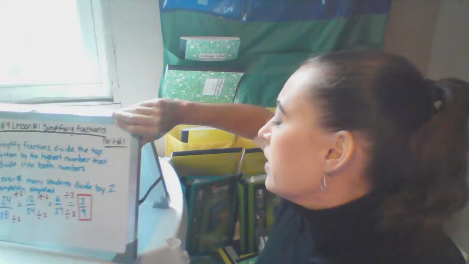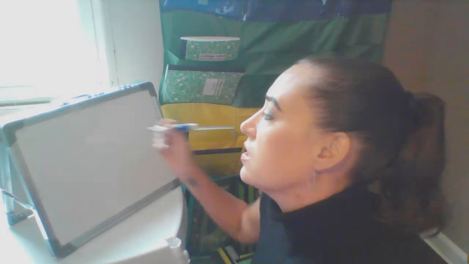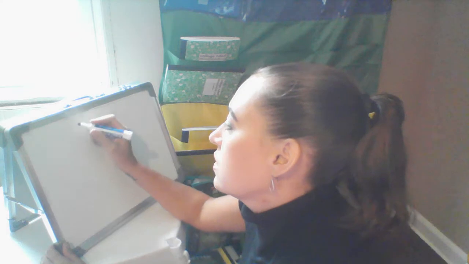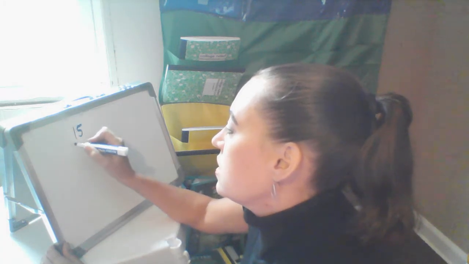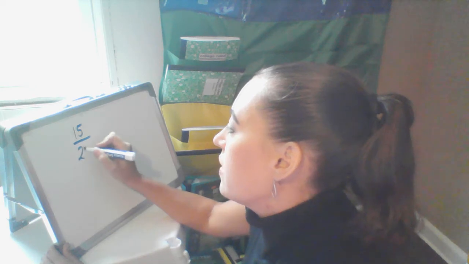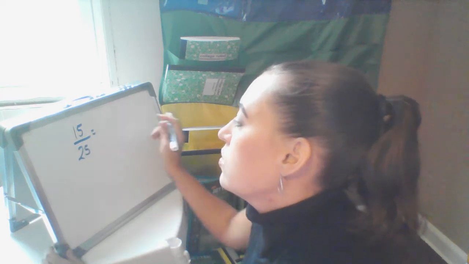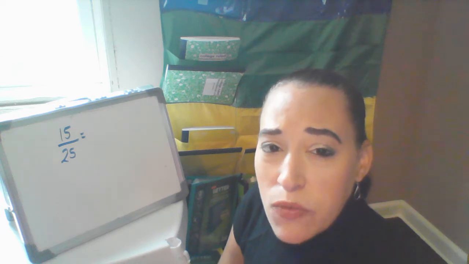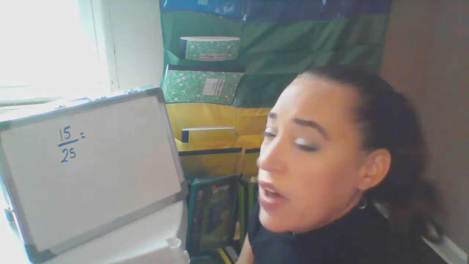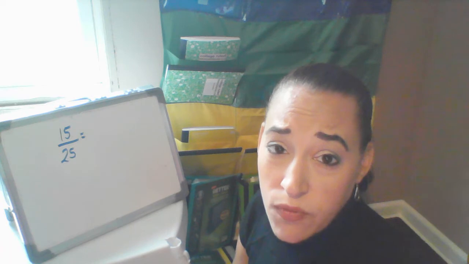So if you had another fraction, I could do 15 over 25. I'm going to use those divisibility rules. And I know for sure I can simplify this because they both end in 5, which means they're both divisible by 5.